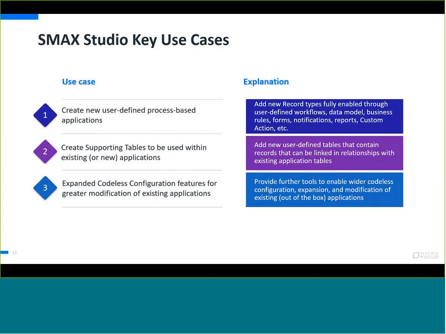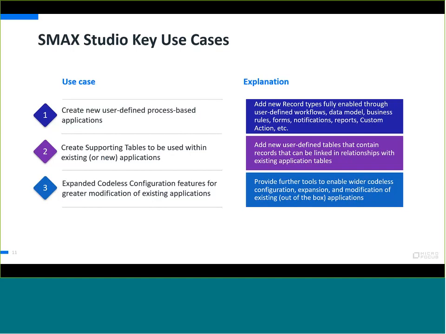One of the things that we're doing in this release is extending the capabilities of custom actions to allow you to not only make URL calls through the custom action capability, but actually launch or trigger the workflow and run business rules within the tool based on those custom actions. That's important for supporting use cases 1 and 2, being able to add those kinds of capabilities in a new process application. However, it's also very valuable on the existing ones. So that's an example of expanding our codeless configuration.